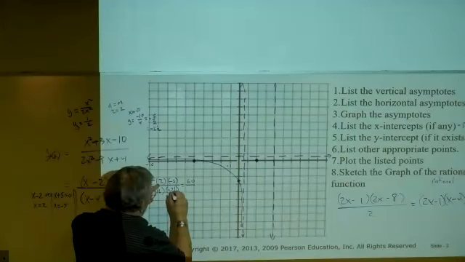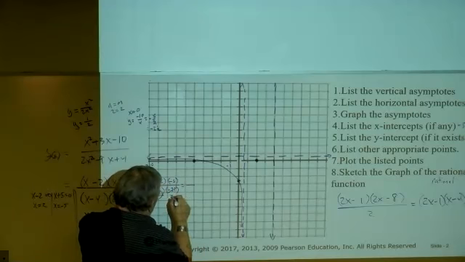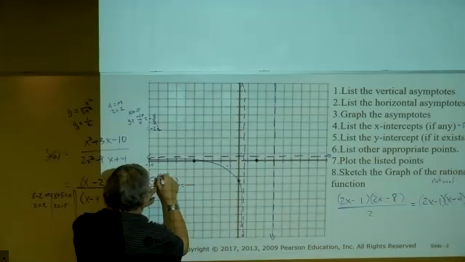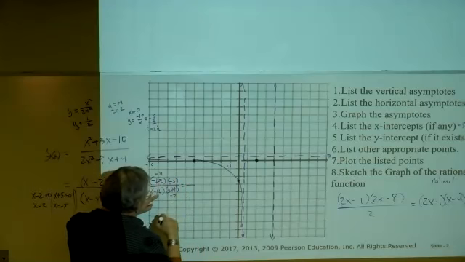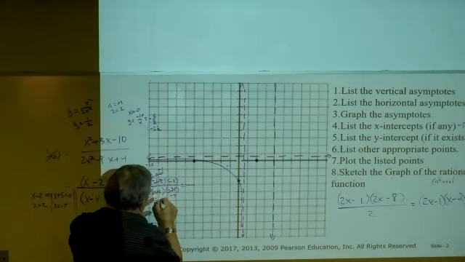Three divides both 21 and 12. So this is going to be a -7, and this will be a -4. And 4 divides both 16 and 4. So the -4 becomes a -1, and the -16 becomes a -4.